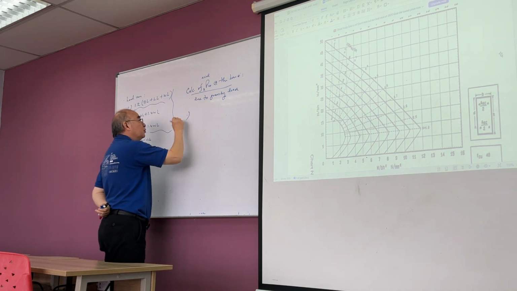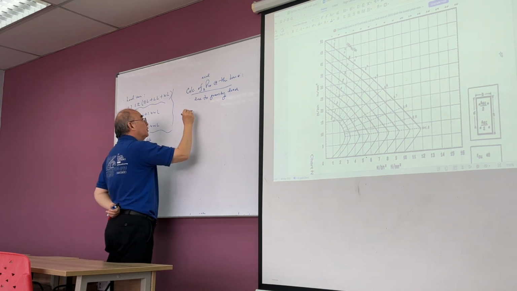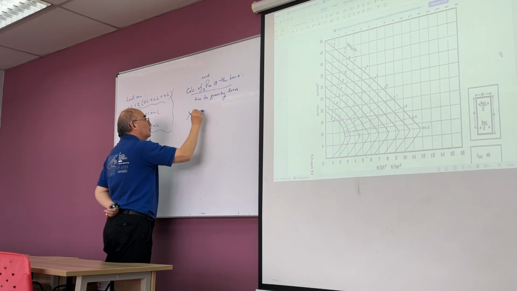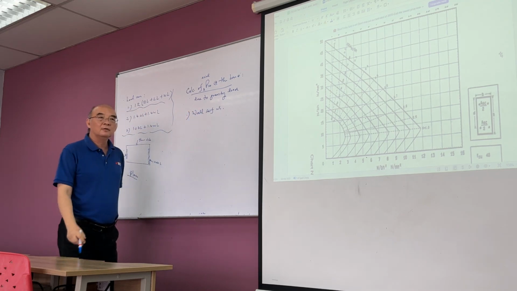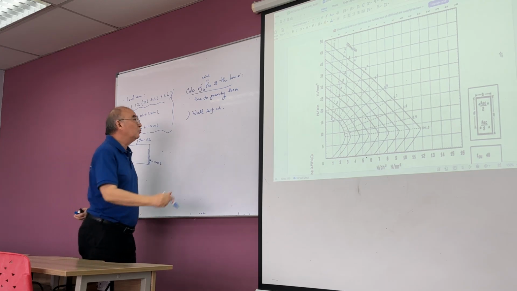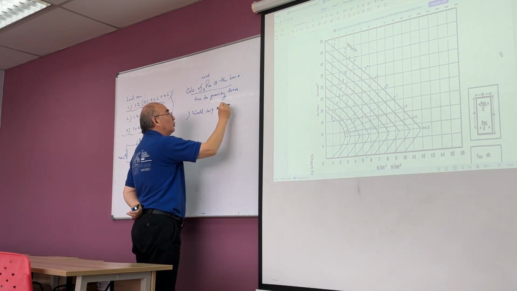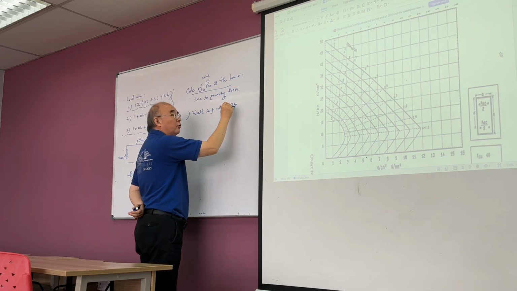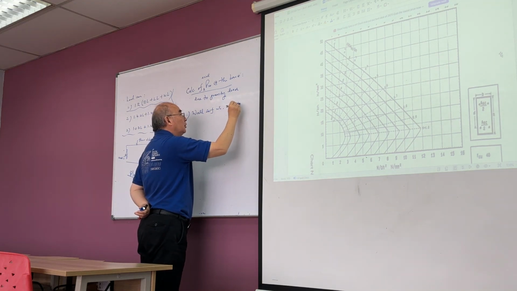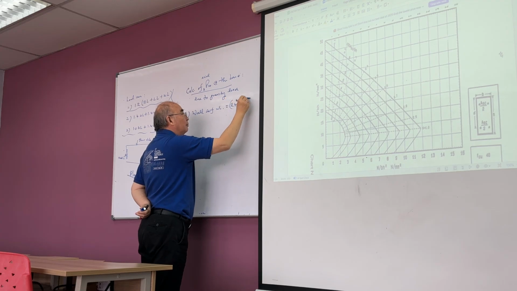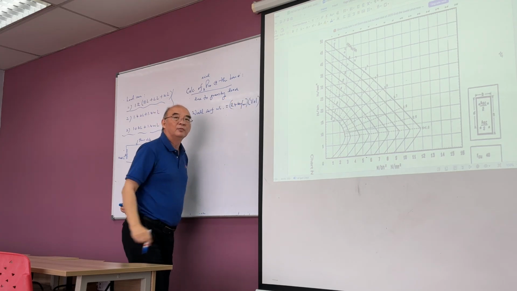So what's the source of gravity load? So first of all is the wall self-weight. Okay, the wall self-weight. So wall self-weight is equal to concrete, because it's made of concrete, right? So kilonewton per meter cube multiplied by the volume of the wall.